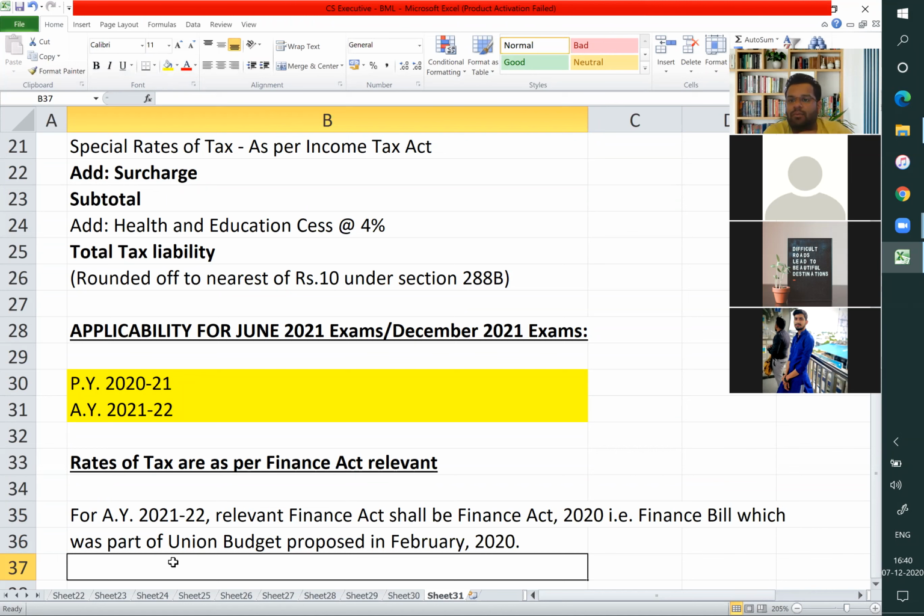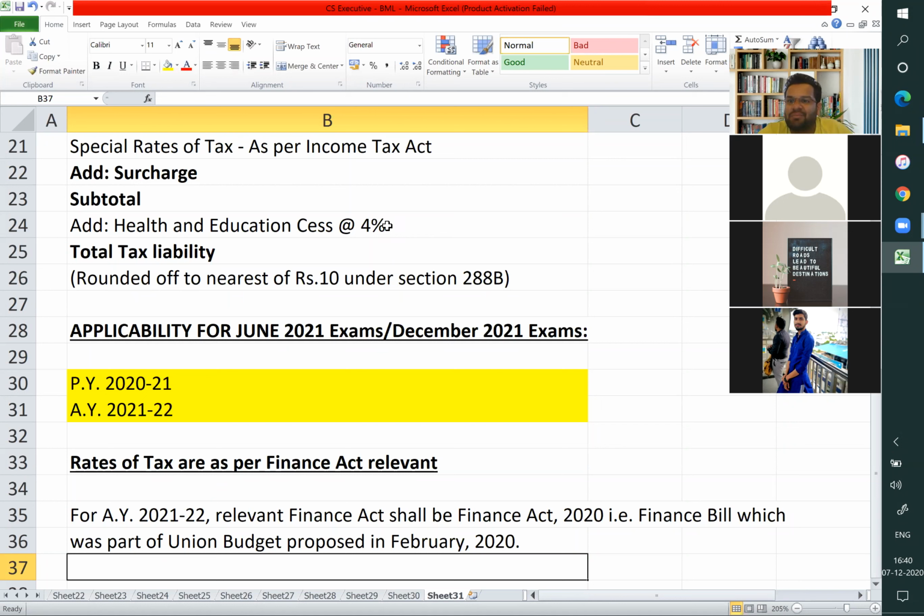Very good. One more thing I will tell you. Now, after understanding this whole income tax, suppose our batch ends on 31st Jan 2021.